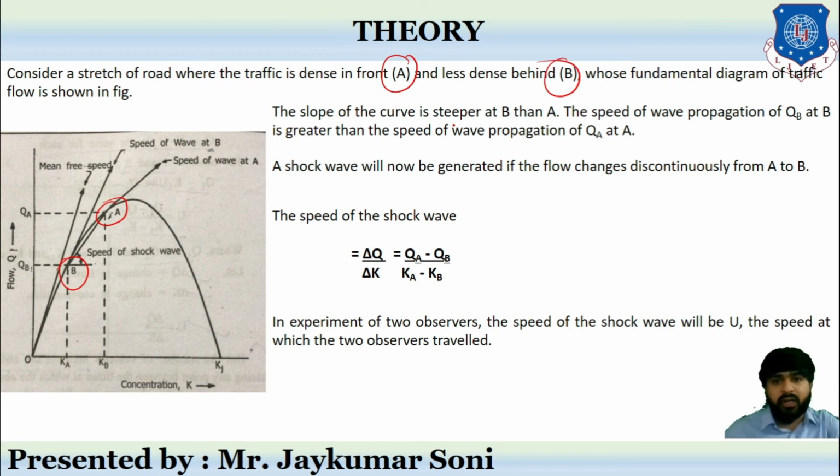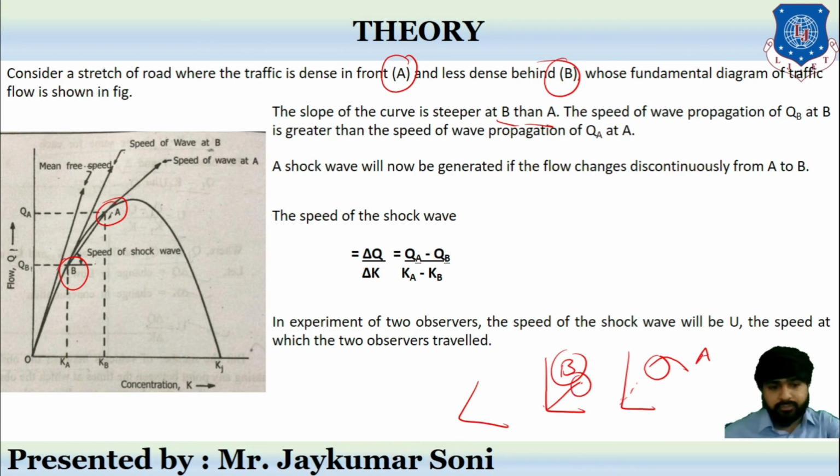The slope of the curve is steeper at B than at A. You can see this is the steeper slope at B, and this is A. So a shock wave will be generated if the flow changes from A to B.